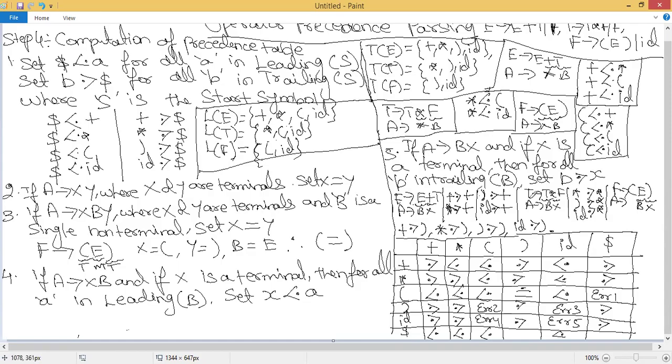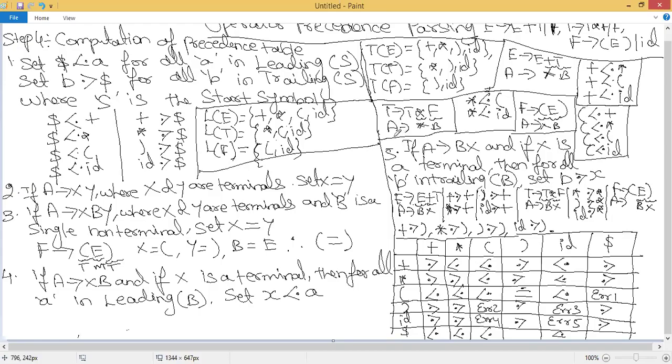There will not be any precedence relationship for open parenthesis and dollar, as well as for close parenthesis and open parenthesis, ID and open parenthesis, and ID and ID. For these we cannot compute the precedence relationship, so those will be mentioned as error. Okay, so this is the computation of the precedence table.